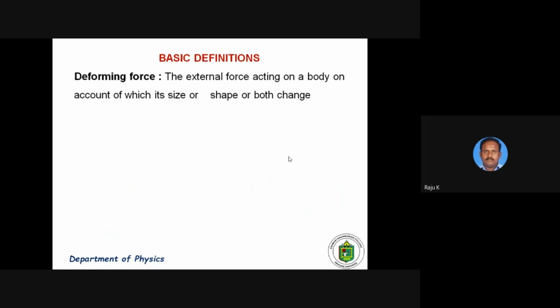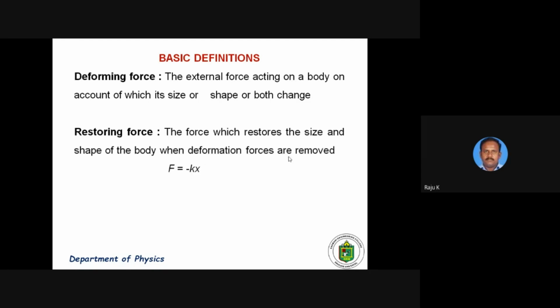Now, these are some basic definitions to be known. From the examination point of view, they will be asked as 2 mark questions. Just all of you take your notebook. I asked all the students to keep a separate notebook for physics.